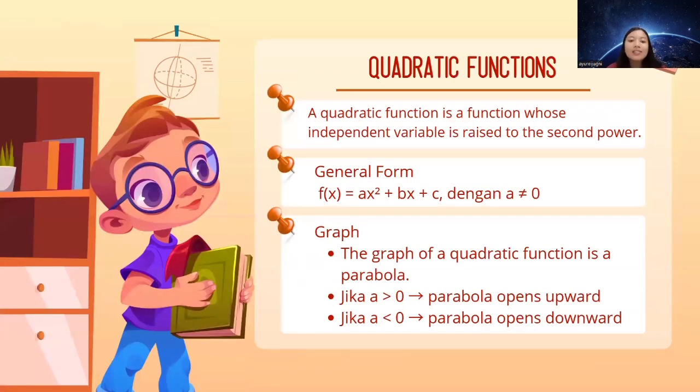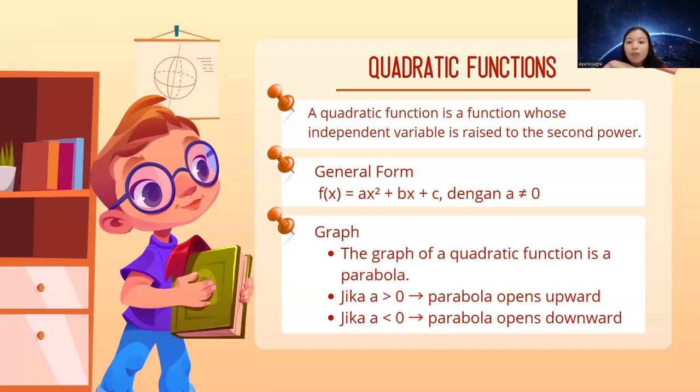Now, let's move to quadratic function. A quadratic function is a function where the highest power of the variable is 2. The general form is f of x equals ax squared plus bx plus c.